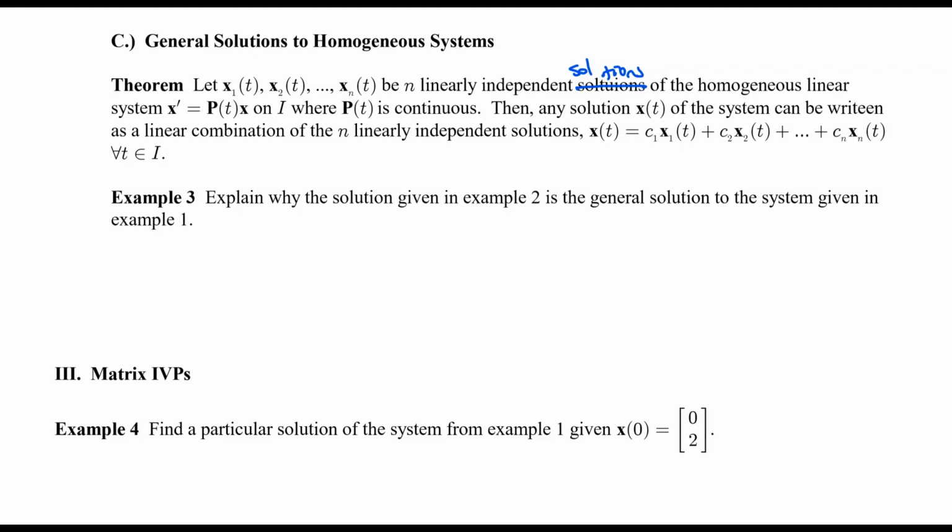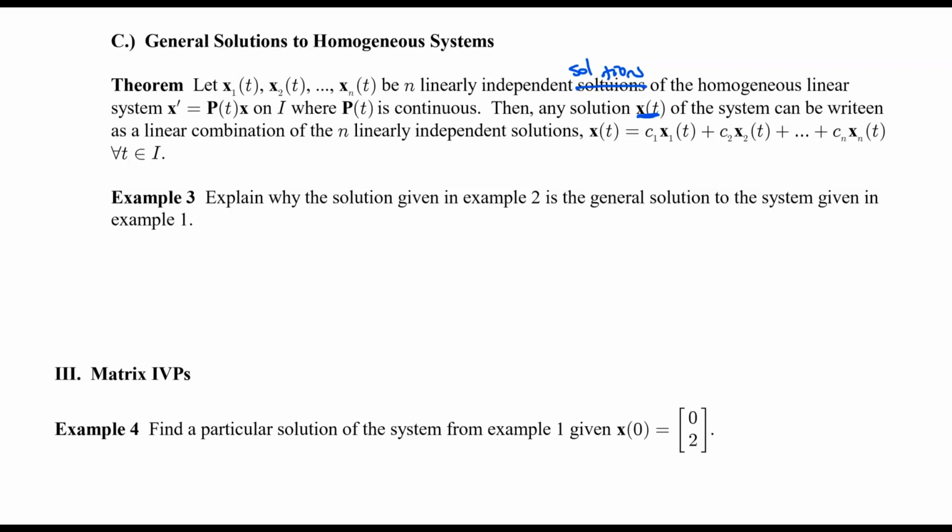Then any solution, notice no subscript here, just general x, of the system can be written as a linear combination of the n linearly independent solutions: x of t equals c sub 1 x sub 1 plus c sub 2 x sub 2 and on and on up to x sub n.